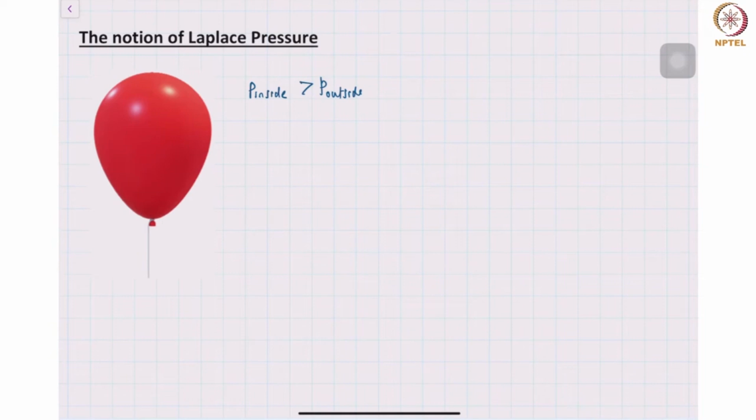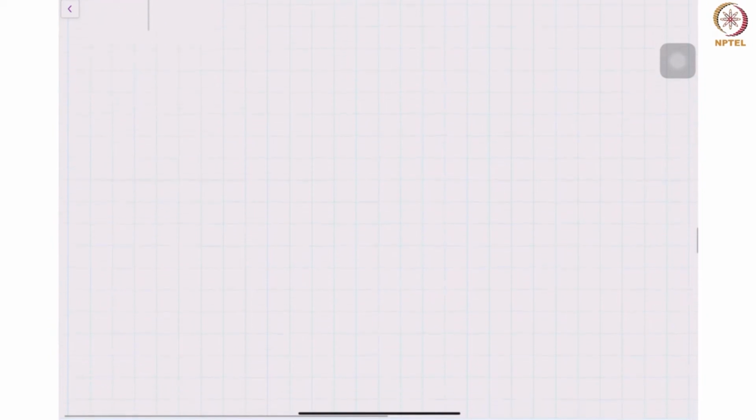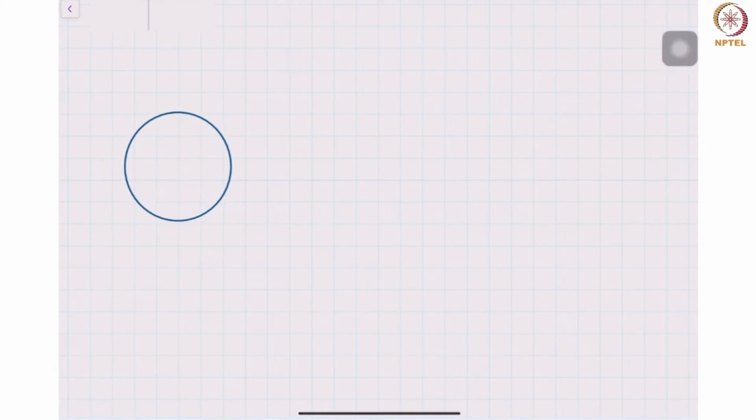Now the same idea can carry forward to a bubble or a drop, and that's where we have the notion of the Laplace pressure. Now let's consider the case of a two-fluid system. I'll show the case of a droplet. It could be any two fluids.